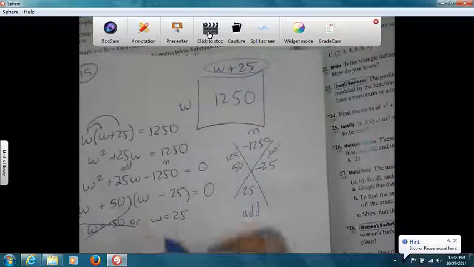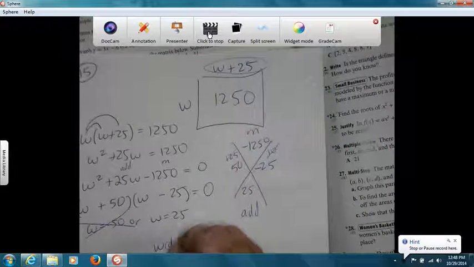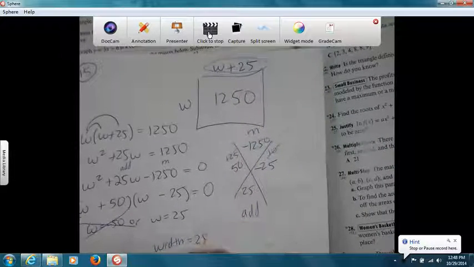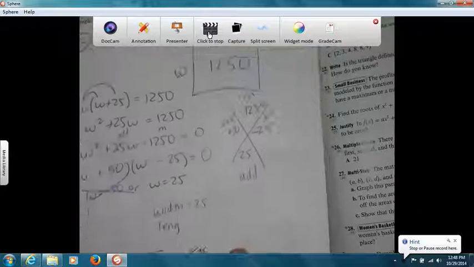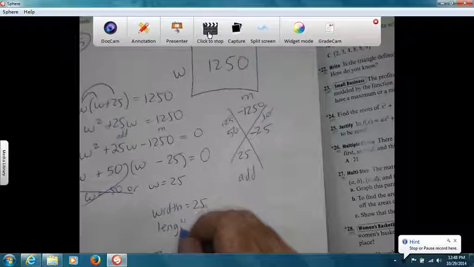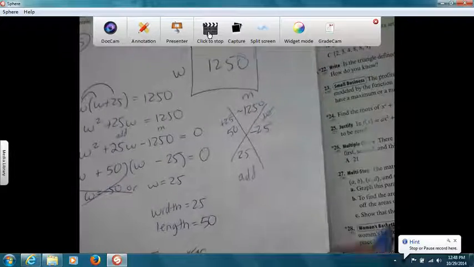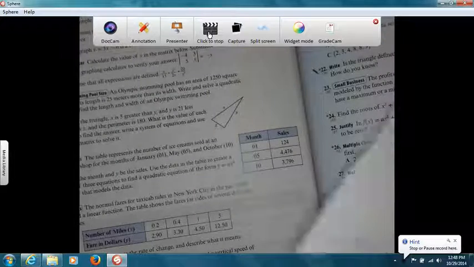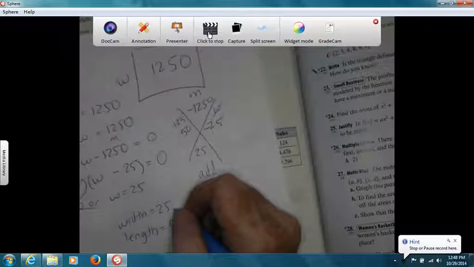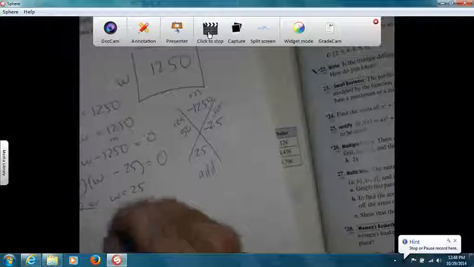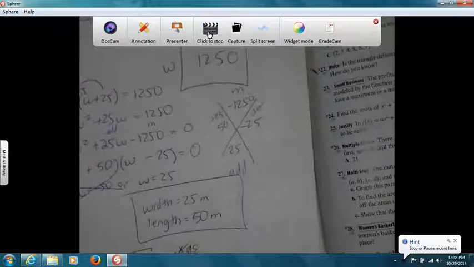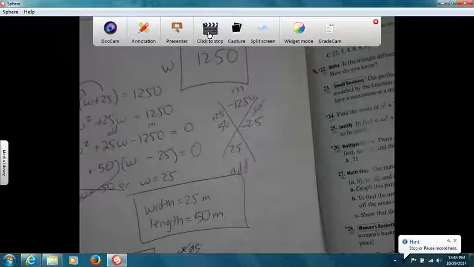So I'm going to say width equals 25, length equals 50, and then I want to go back and see, was it feet, meters? Probably meters if it's an Olympic pool, and just write M's for that. That was number 15. That was lesson 36, number 15.